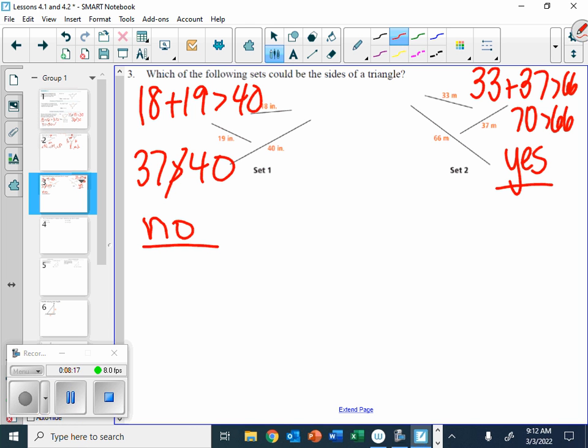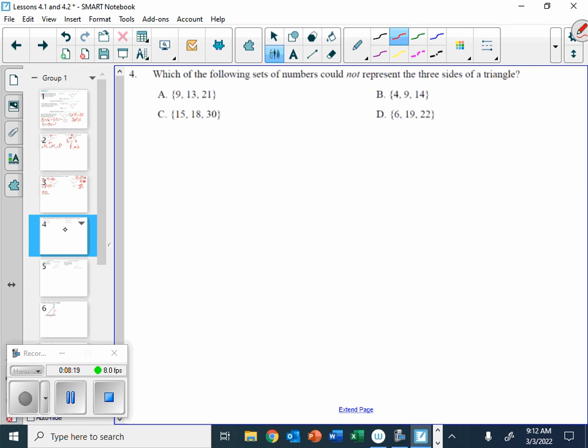Alright. And then I want you to do this last one real fast. You're asked which of the following sets of numbers could not represent a triangle. So you're looking for which one the triangle inequality theorem fails. So take the two smaller sides, add them together, and look for which one fails.